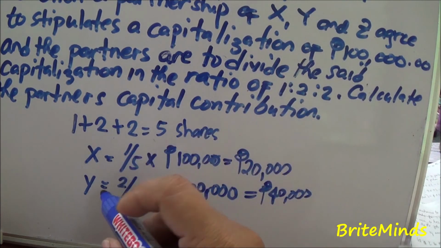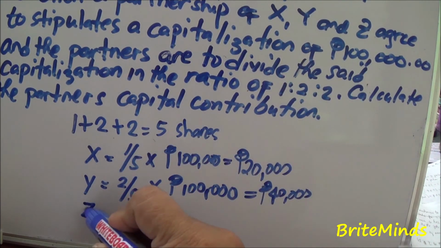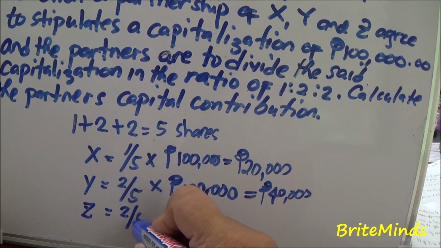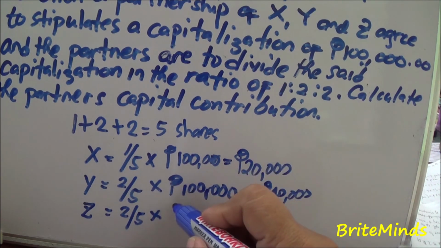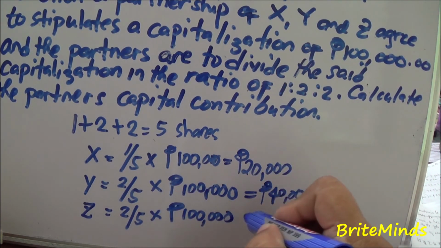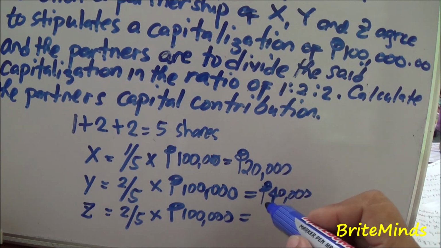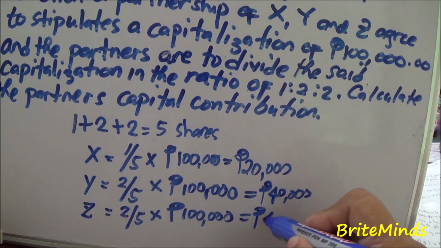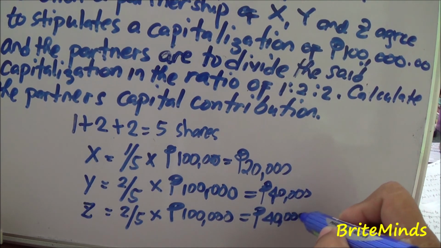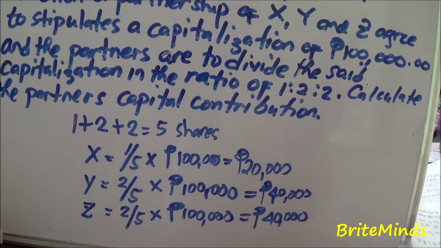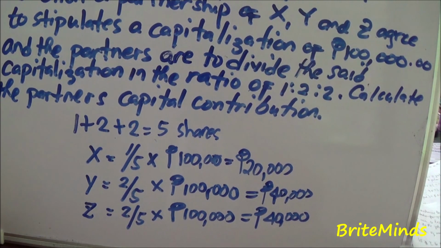For partner Z, the ratio is also 2/5 times 100,000 pesos, so partner Z will also contribute 40,000 pesos.